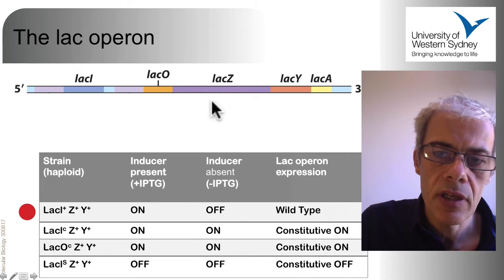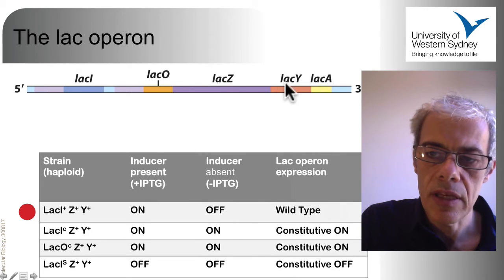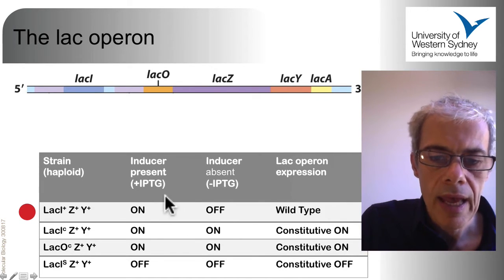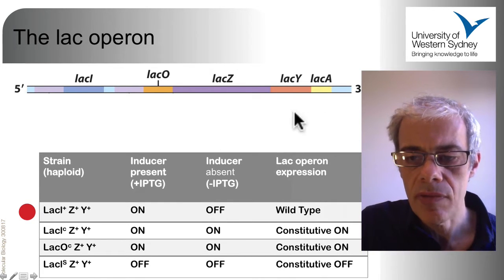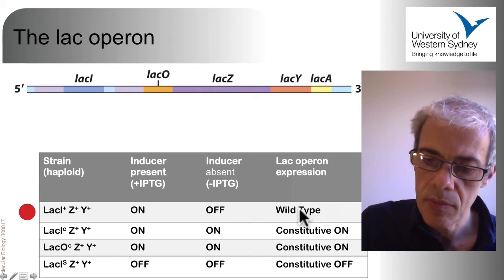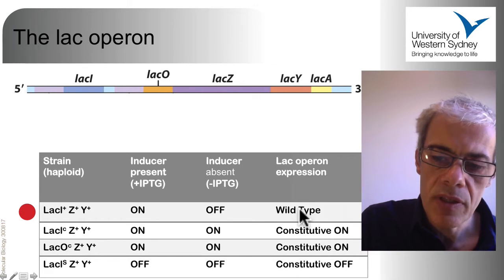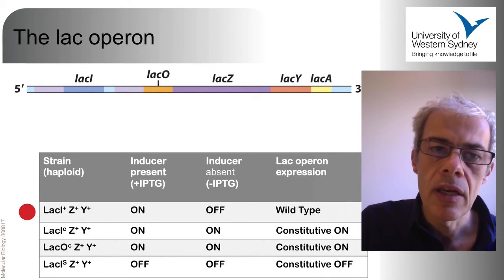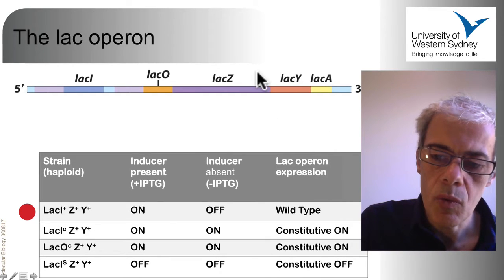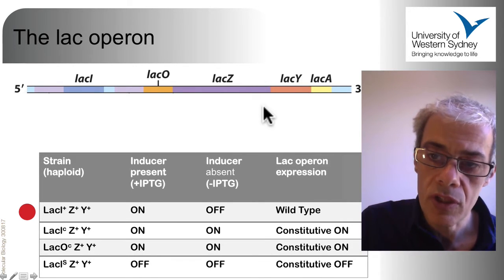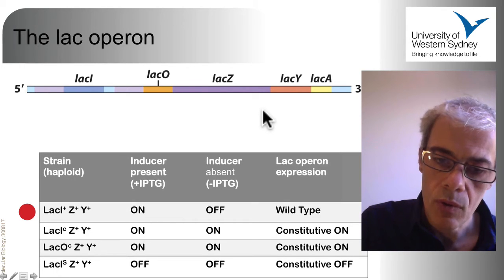So the inducer turns these genes on, and in the absence of the inducer, these genes are off. And that's the wild type strain. Their mutant studies identified strains in which these genes were either on all the time or off all the time.